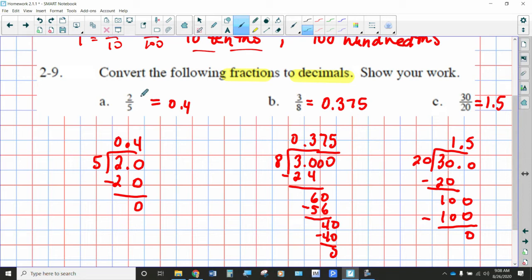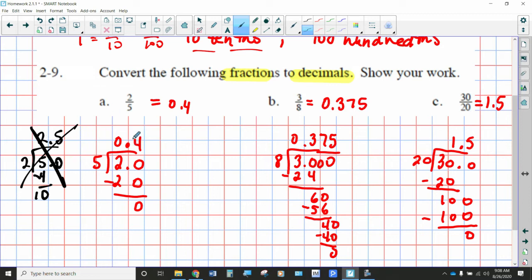So you've got two choices. Sometimes people accidentally put the wrong number inside the box. But you should be able to recognize that this order is not correct, because how many 2s fit into 5? 5 divided by 2 is 2.5, right? If we go ahead and complete the process, bring the 0 down, 2 goes in there 5 times. So you know that can't be the answer, because this is a number that's greater than 1.